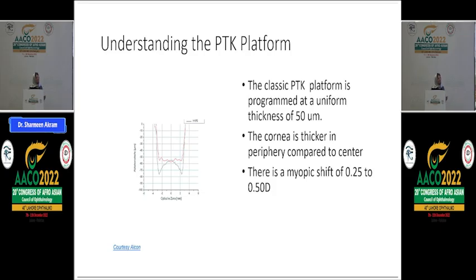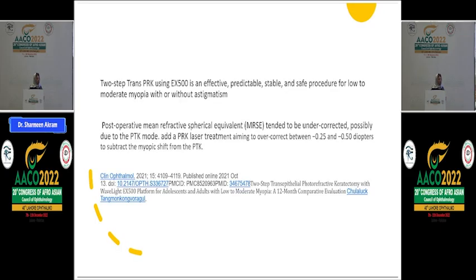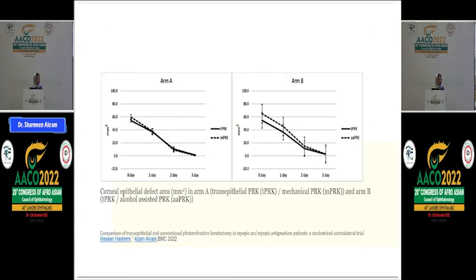This is what was corrected in the single step. But if we are able to correct that in our refractive ablation, then we are able to get a very good post-operative refractive result. This was also shown in a study which was carried out and published in 2021.